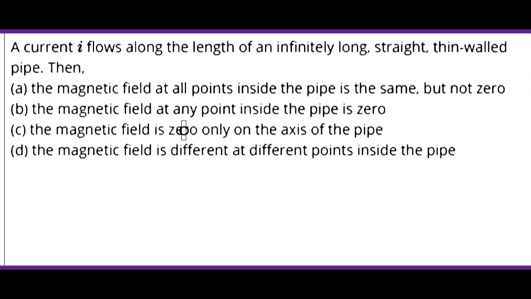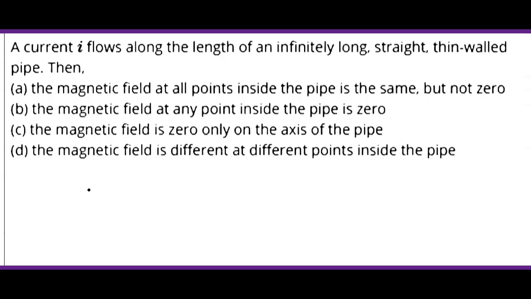The magnetic field is zero only on the axis of the pipe, and magnetic field is different at different points inside the pipe. So the question is asking us what is the value of magnetic field inside the pipe which is infinitely long, straight and thin walled and has a current I flowing through it.